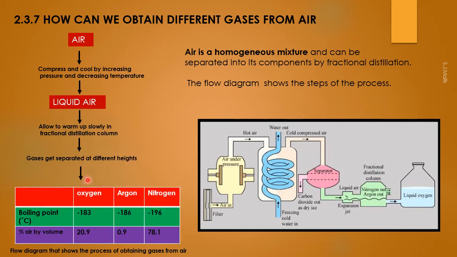And here are the details about oxygen, argon and nitrogen. The boiling point of oxygen is minus 183 degrees C, of argon minus 186 degrees C, and nitrogen minus 196 degrees C. How much percentage of air by volume is collected? That is 20.9, 0.9 and 78.1, and that is the arrangement used to separate gases from air.